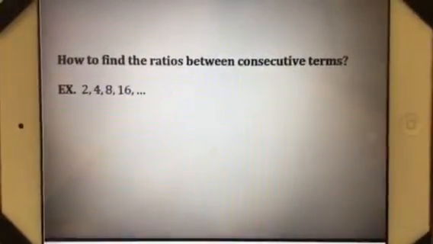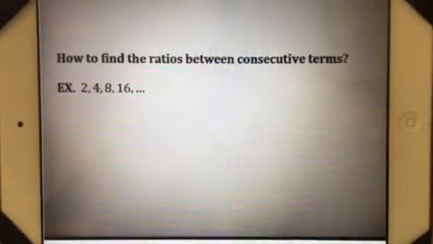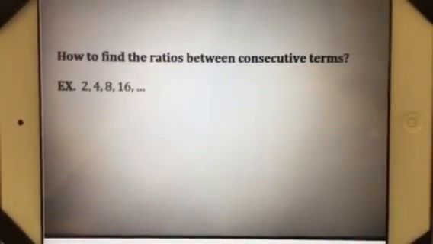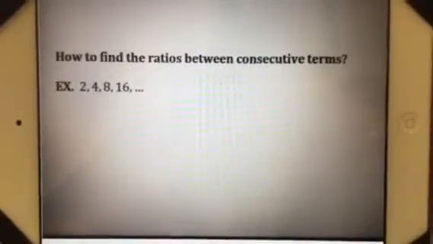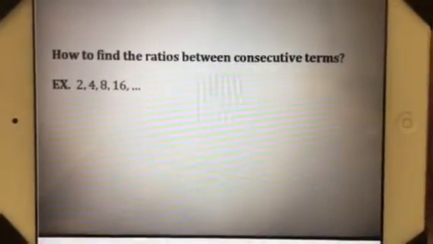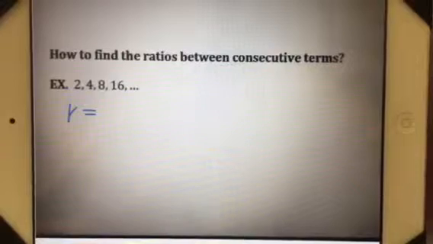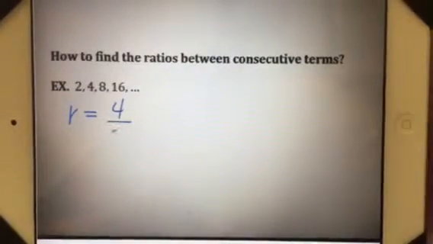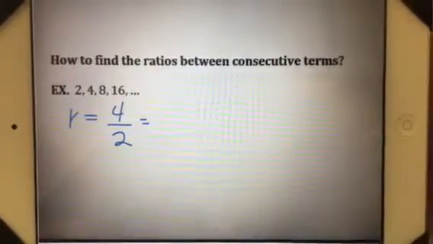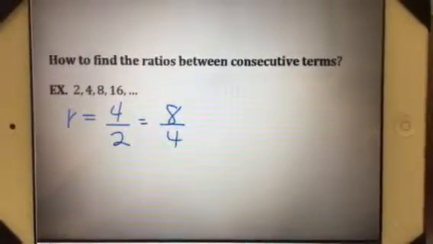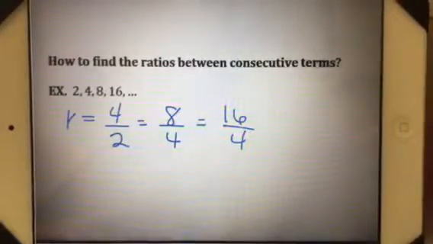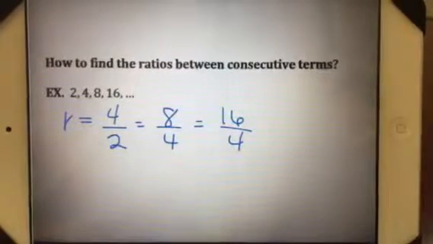So how do you find the ratio between consecutive terms? Well, you take your second term divided by your first, your common ratio, we're going to call it R. It should be equal to your third term divided by your second, your fourth term divided by your third, and it should be constant throughout.